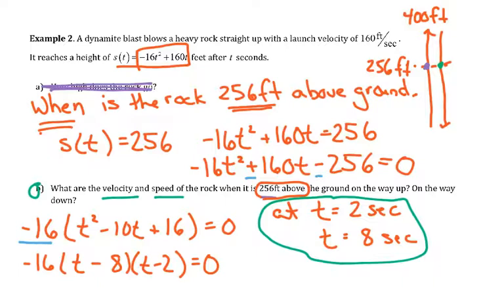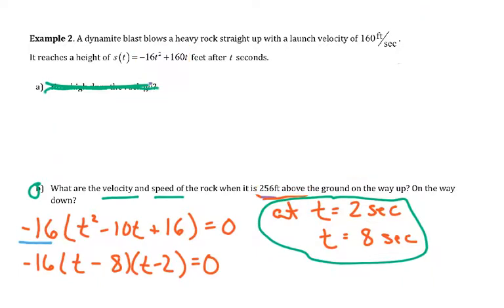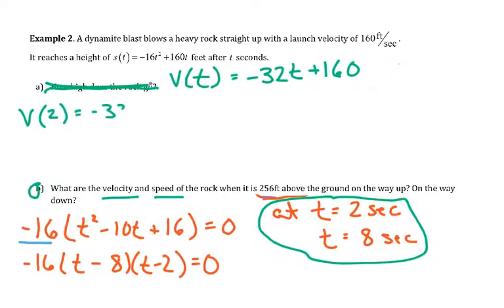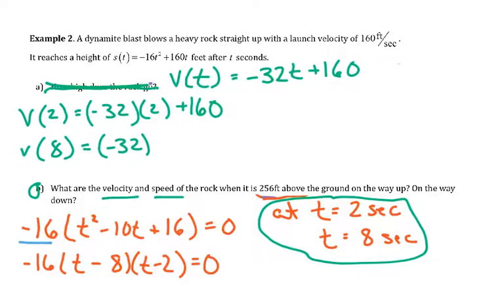So let's get a new page. Okay, so our velocity function, remember, is negative 32t plus 160. So we plug in 2 seconds, and we will plug in 8 seconds, and evaluate the function.